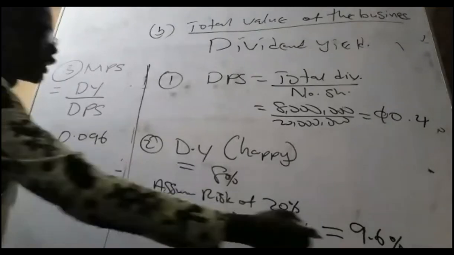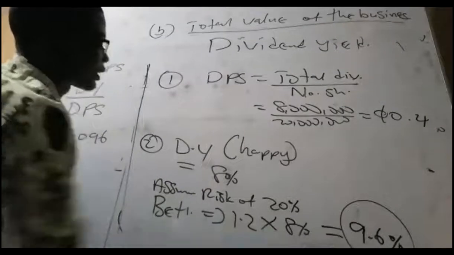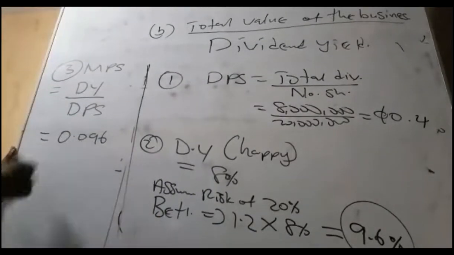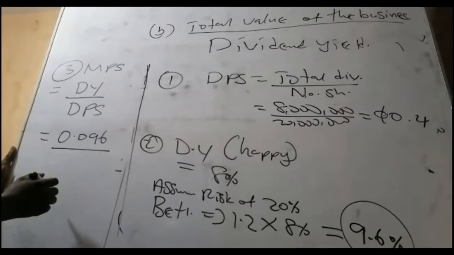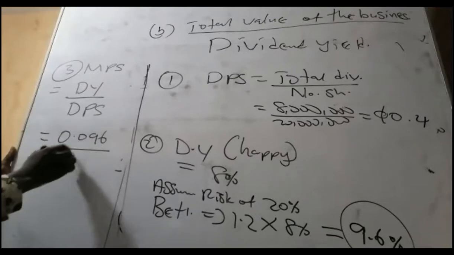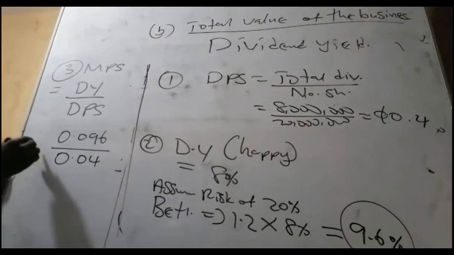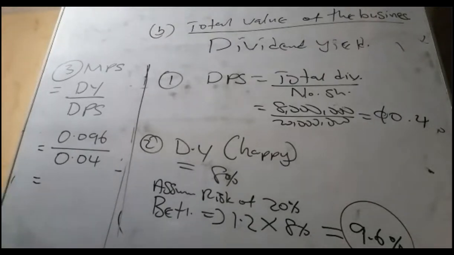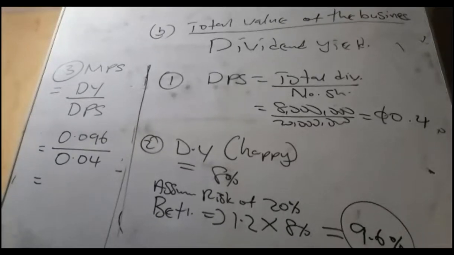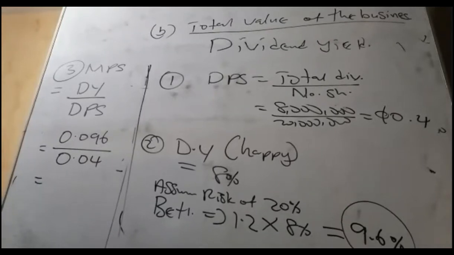Which is equal to dividend yield of 0.096. Convert this one to decimal. It's 9.6%, so it will be 0.096, all divided by the dividend per share of 0.04. So this is the market price. Wow, we're almost getting to the tail end of the game. Is it 2.4 or 0.24?